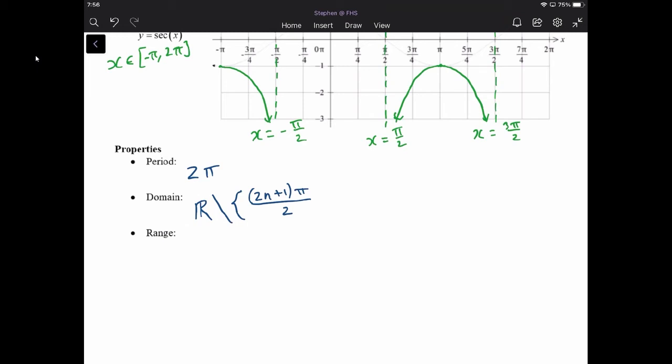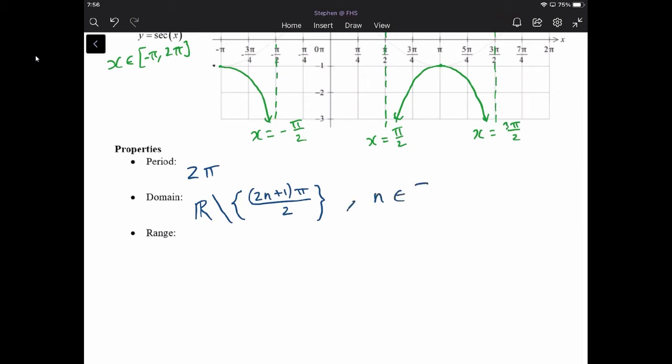So 2n plus 1 is what we call an odd number generator. If you think about it, if you take any integer and you double it, it becomes even, guaranteed. Then you add 1 to an even number and you will get an odd number, guaranteed. So you've just got a whole bunch of odd numbers multiplying by pi and then being divided by 2.